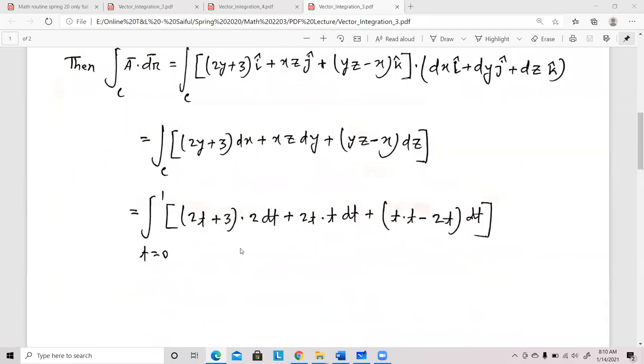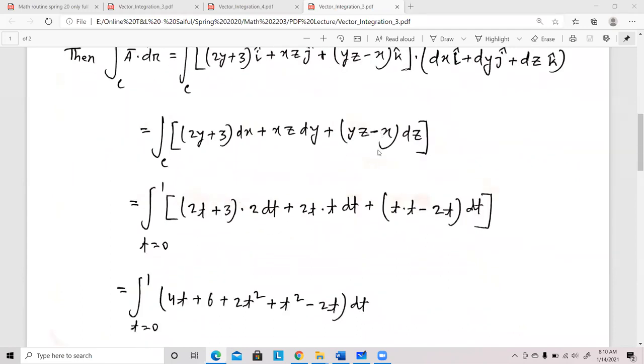Since it is a mixed variable term including three variables x, y and z, it is not possible to do the integration directly.